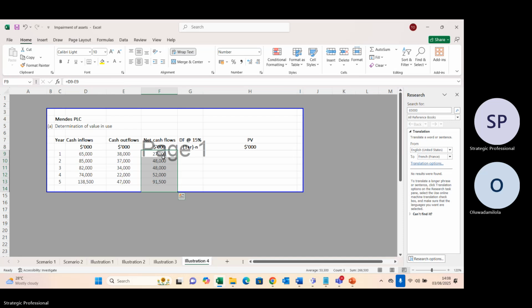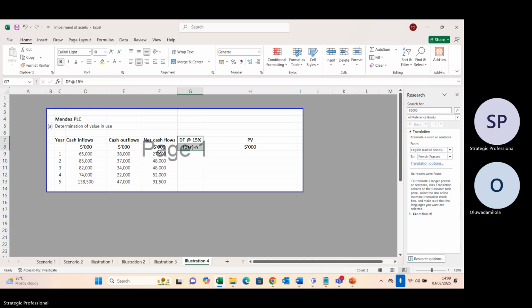However, you are calculating the amount now. So you need to understand that this $27 million they will make in year one, what will be the value of the $27 million in year zero? That is now. That is the reason why we have this column G, this discount factor.